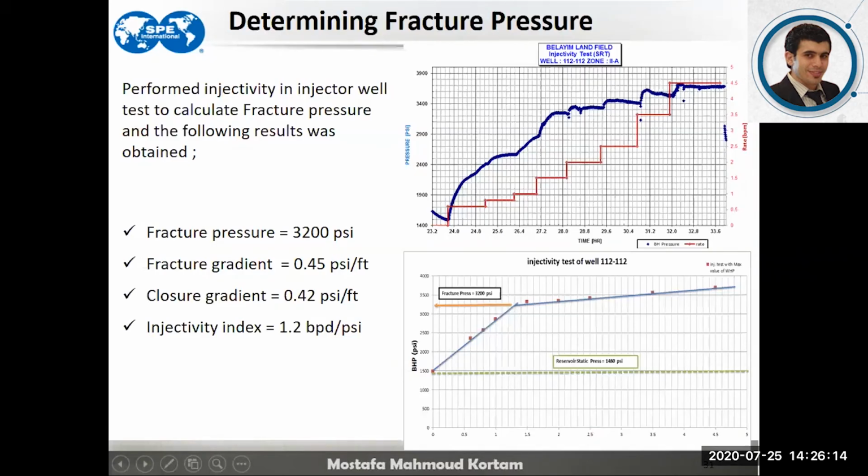Now we moved to the producer itself. If you remember, yesterday we had a discussion about the step rate test, and this is a typical response of the step rate test, where we are injecting different rates, equalizing the time of each rate as best as we can, and recording the corresponding pressure that results from increasing the injection rate.